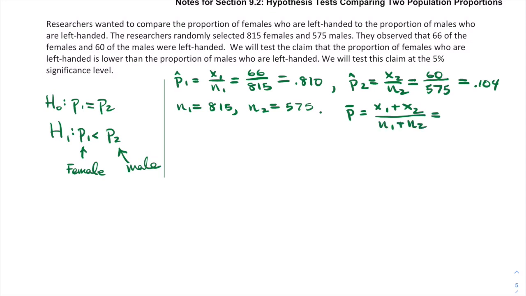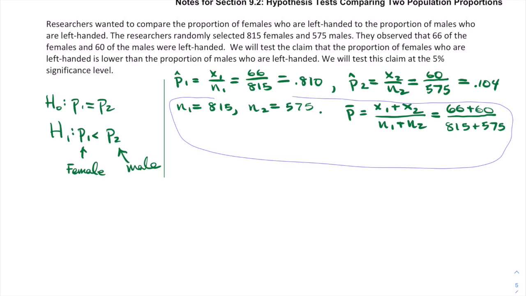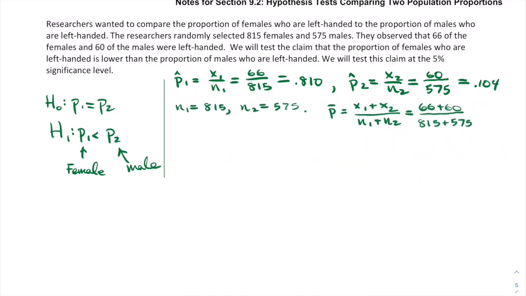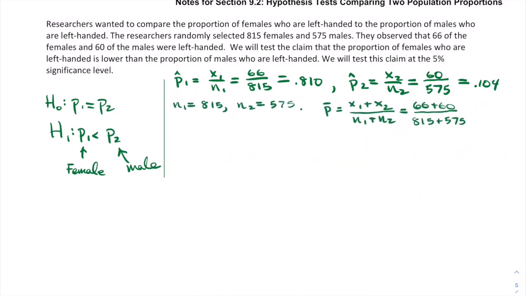So it's the same numerators, but you're combining them, and the same denominators. Okay, like that. Maybe I'll make a little space here. Okay, so when you do that, the p bar comes out to be 0.0906.